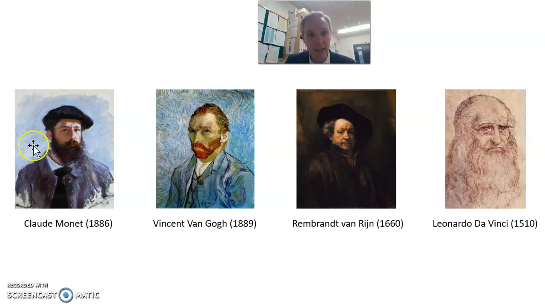So Monet here has used a blue background just to make himself stand out a bit more, whereas Vincent van Gogh has used a more patterned background. So you may choose to do something like that, but they've put themselves pretty much in the middle of the picture and made their faces quite big. So that might be something that you choose to do.